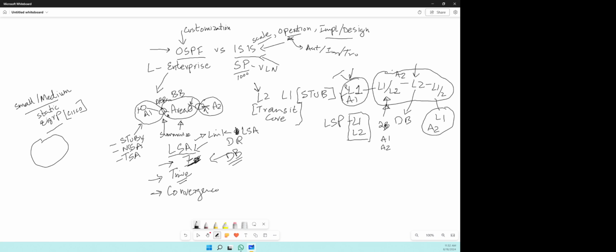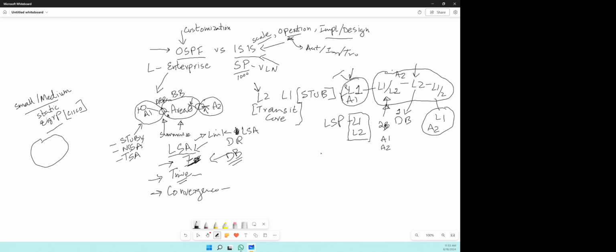So for them, keeping L2 as their core and using ISIS makes more sense because it's just going to be 1 database, and only 2 pieces of information included. So it's very quick to flood, very quick to calculate, less time, quick convergence.